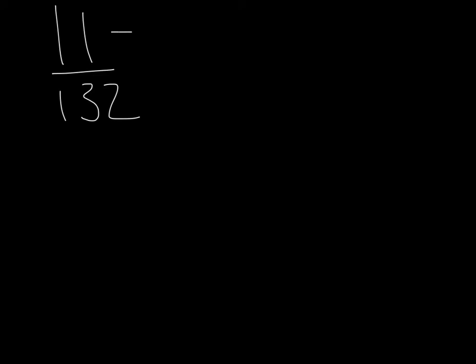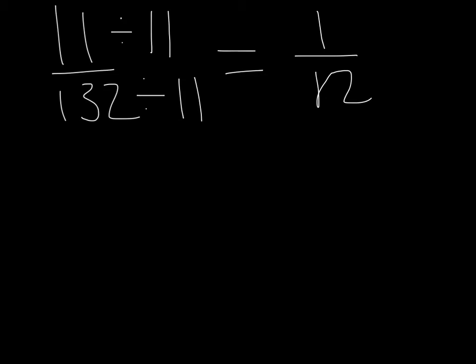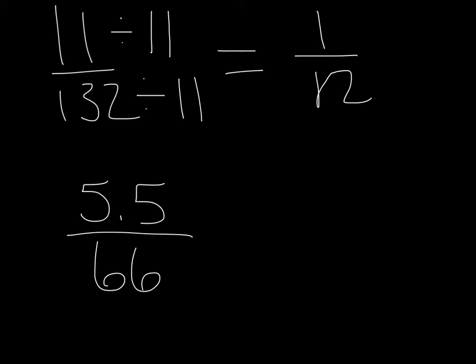So we now divide the top by 11 and the bottom by 11. When we do that, we get 1 over 12. Now we have to do the other side, the height side. So we're going to take 5.5 over 66.